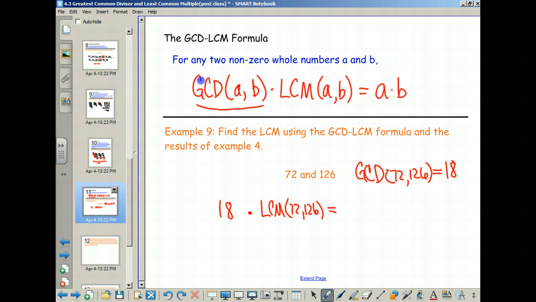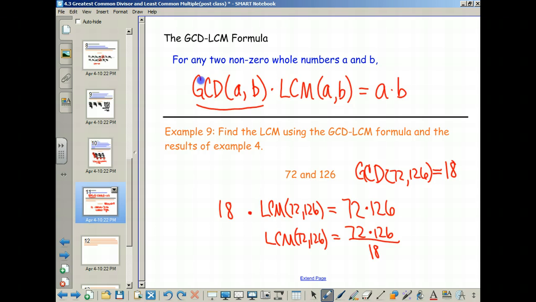And this should equal 72 times 126. How do I solve for the least common multiple? I'll divide by 18. So what I need is to multiply 72 times 126 and divide by 18.